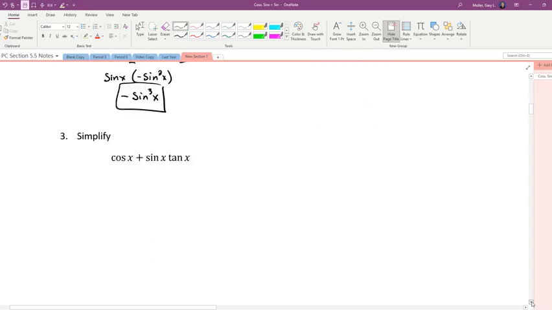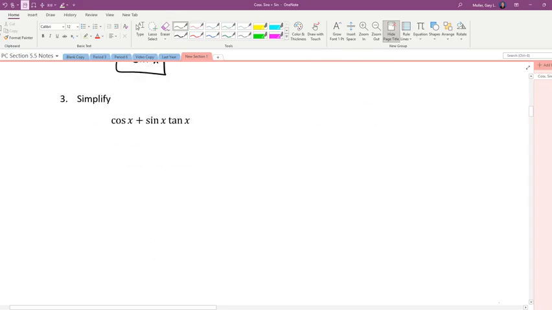Number 3, another simplified question. I think probably we're going to turn this into sine of x, and then tangent is sine of x over cosine of x. So that's going to give me cosine of x plus sine squared x over cosine of x. I think I'm going to get a common denominator here.